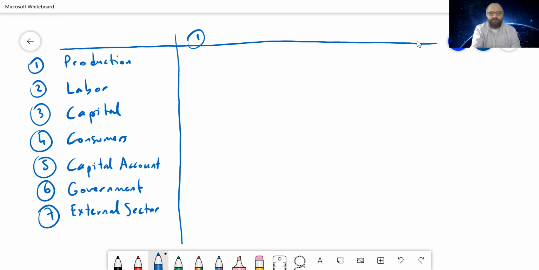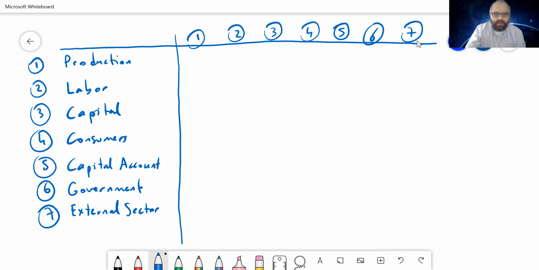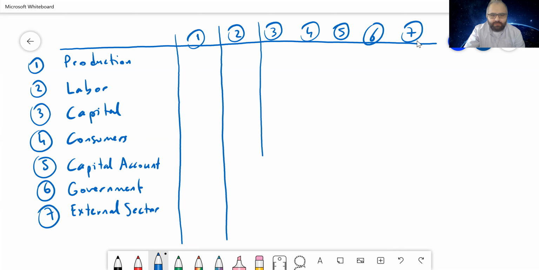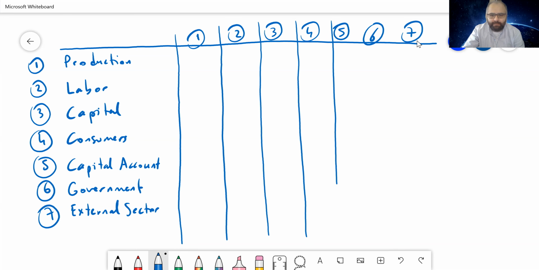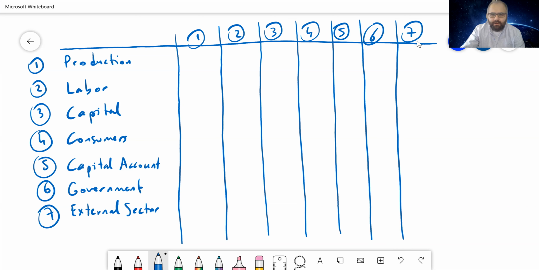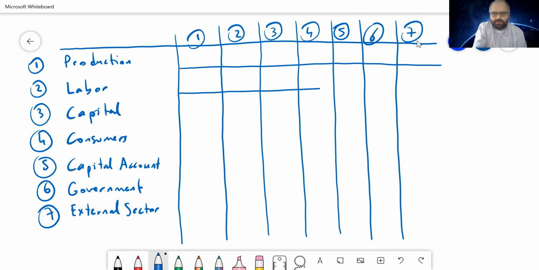Let me use a better spacing here. Now remember, we have incomes in rows and expenditures in columns. You remember that? Incomes in rows and expenditures in columns.